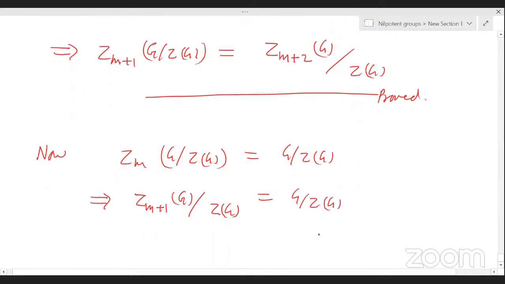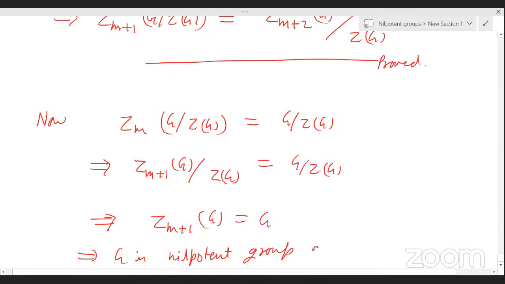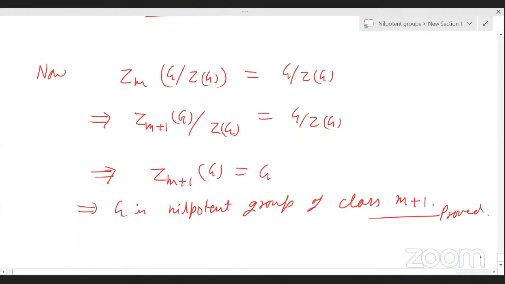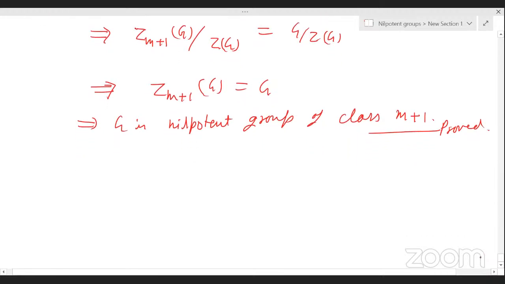So it simply means that Z_{m+1}(G) is equal to G. This implies G is a nilpotent group of class m plus 1. And this proves the proposition. So if G/Z(G) is a nilpotent group of class m, then G is a nilpotent group of class m plus 1.